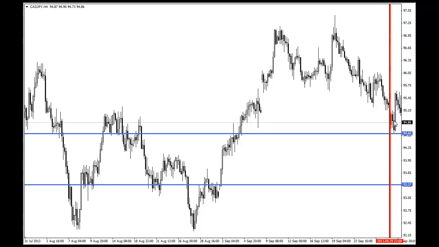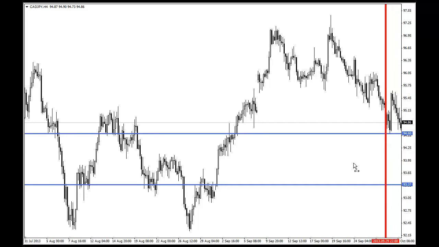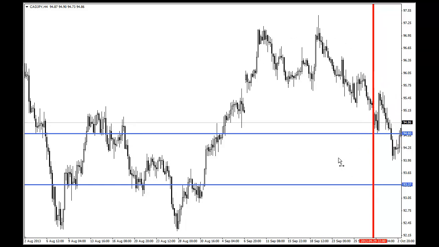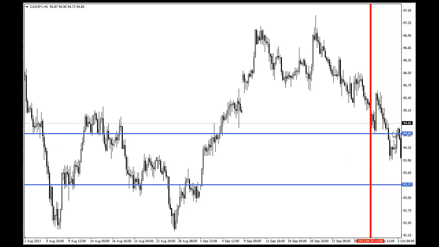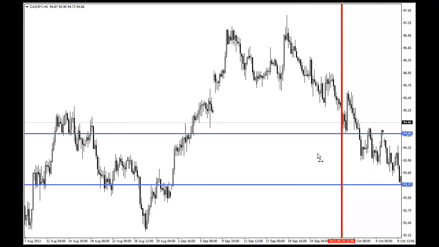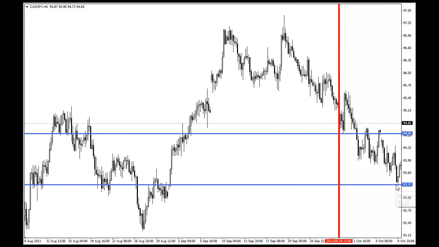Again, each one of these candles represents a 4-hour time period. Price invariably goes lower, trades in the direction of the higher time frame retracement, and as price moves around, comes back up, finds some resistance at that same level twice, and then moves down to what level? That 93.37.